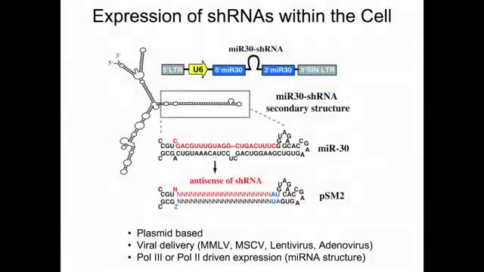And that made researchers develop shRNAs. This is just one of the examples of shRNAs where it has this mimic microRNA structure, and it also contains the regions that you are interested in, for example, the red region. So this is a region, for example, if you wanted to target a gene of interest, let's just say CD44. So you put the sequence of CD44 over here, and then this is encoded in a plasmid.